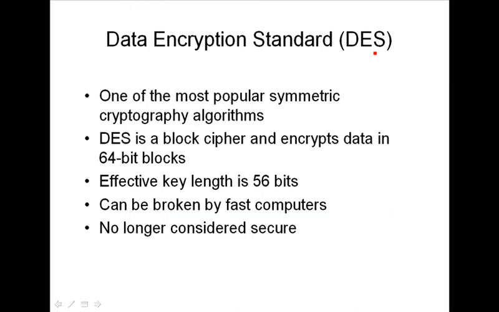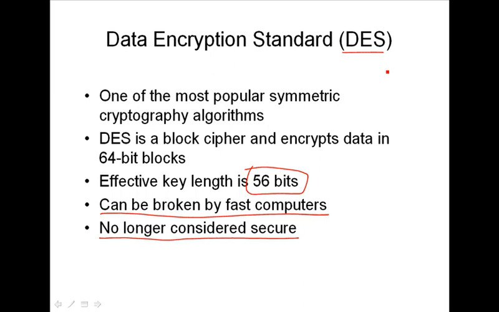So let's look at some of the particular types of encryption algorithms. There's one called DES, Data Encryption Standard. This is one of the most popular ones. It's still being used. Unfortunately, it's no longer considered to be secure. It's only based on 56 bits. This can be cracked by using fast computers.